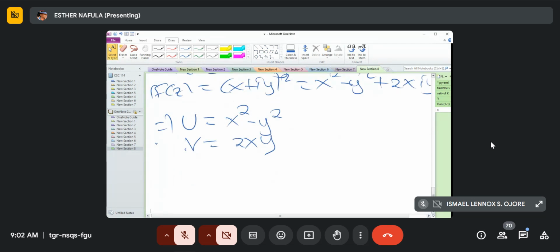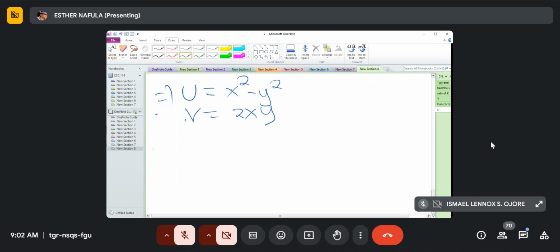So you need to feed this into the formula. The integral of f of z, or rather z squared dz, will be: we want to integrate u dx.